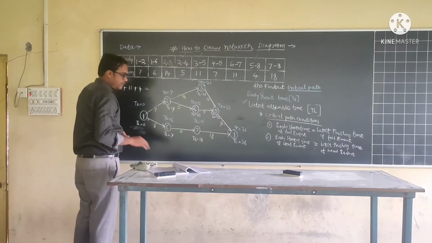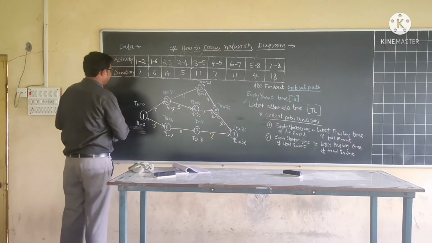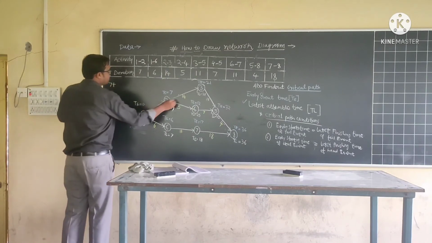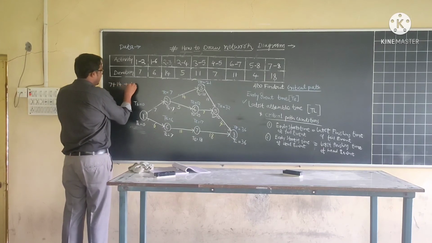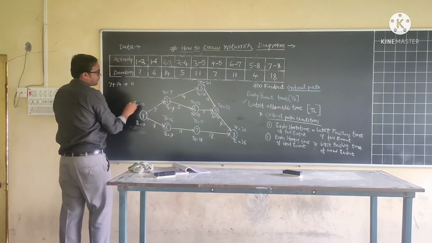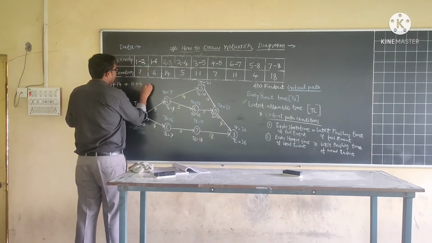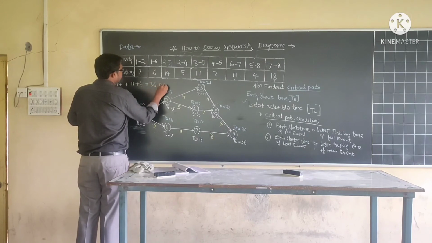First of all, let us add the durations of all the activities. 7 plus 4 plus 11 plus 4. If you add everything, there will be a 36 days duration.